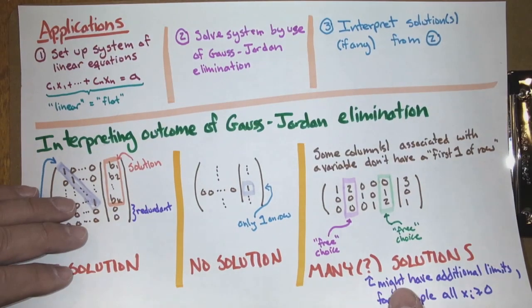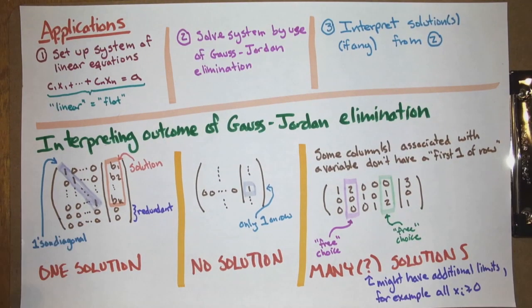Well, what do we mean when we talk about applications? To be clear, the whole purpose of Gauss-Jordan elimination is to solve systems of what are known as linear equations. What's a linear equation? We have a collection of variables, and we're going to have possibly many variables.